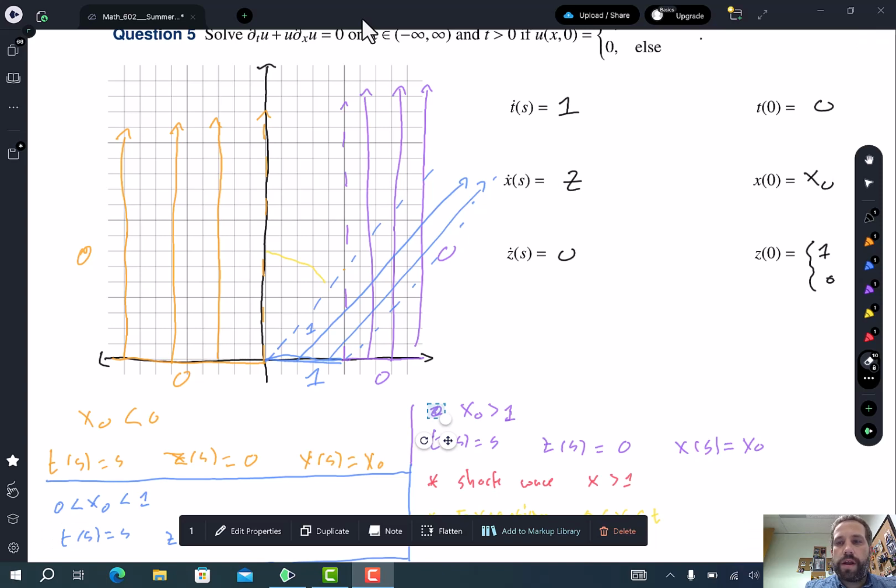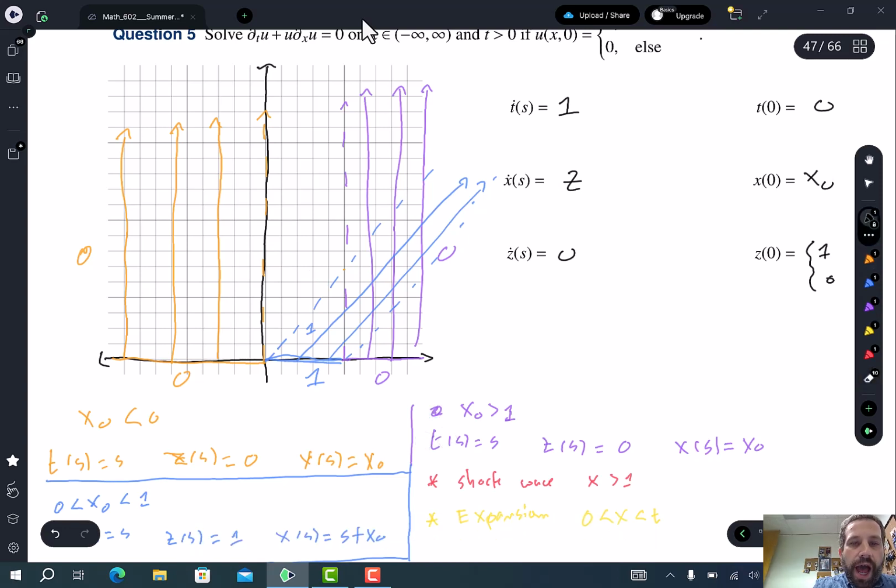The way that I want to think about it, and this is where things get slightly confusing, is this. I see that this dashed line right here meets the purple line right there when t is equal to 1. So I'm going to draw a little dashed line here where t is equal to 1. This is t is equal to 1. And what do I know?